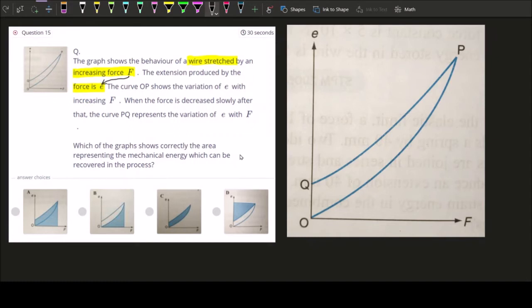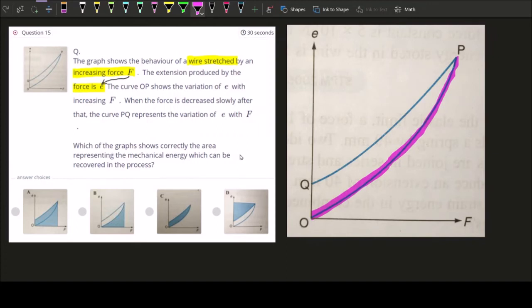The curve OP shows the variation of e with increasing F. So it means this line OP shows how e will change when the force increases.